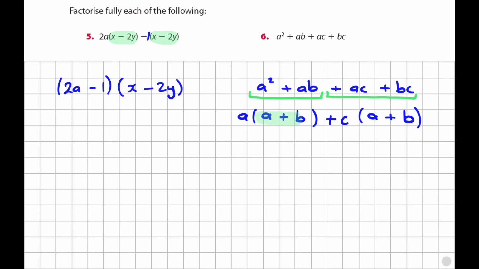So this here and this here are equal, so I can write that down as A plus C times A plus B. And the reason I can do that is because if I was to expand that, I'd say the first term, which is A, times everything in the second, and the second term, which is plus C, by everything in the second. Okay?